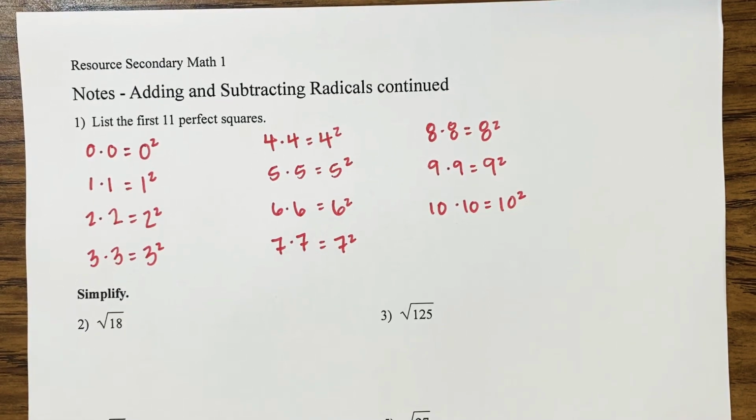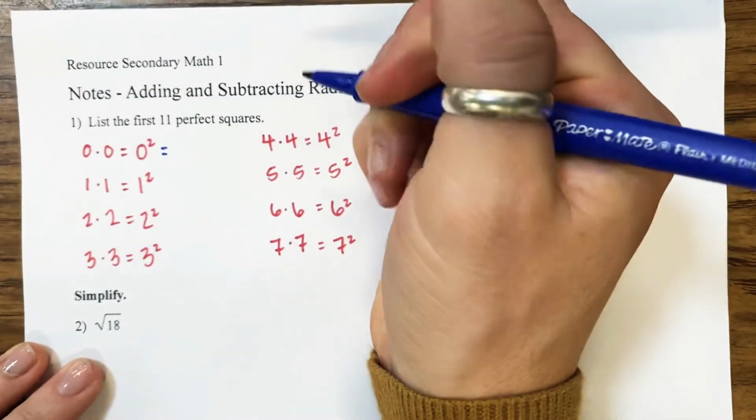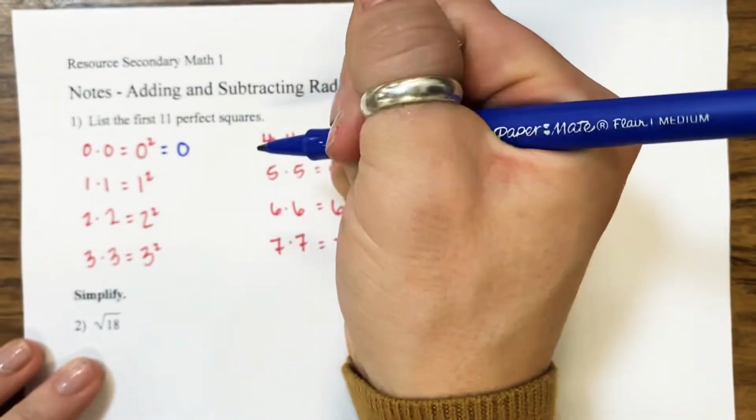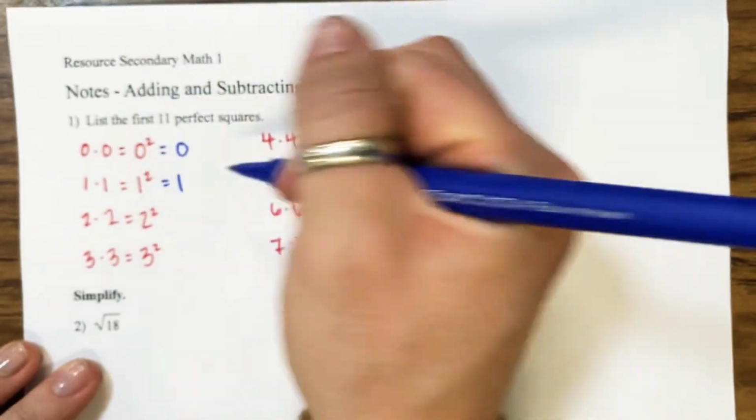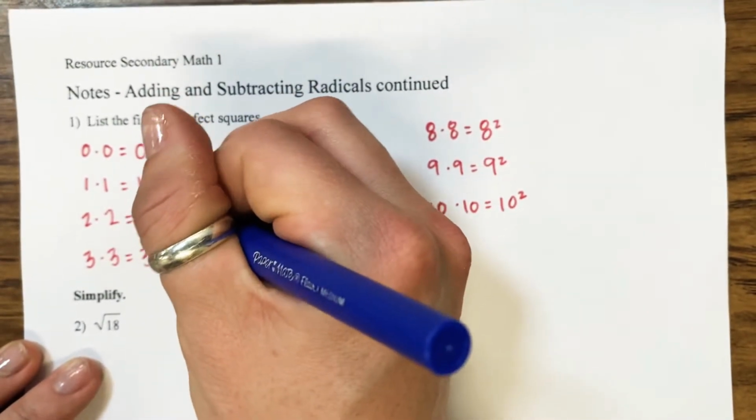Now that we have that, let's figure out what is 0 squared. What is 0 times 0? Well, 0 times 0 is 0. 1 times 1 is 1. 2 times 2 is not 2.